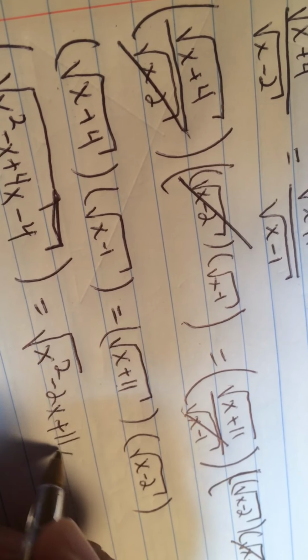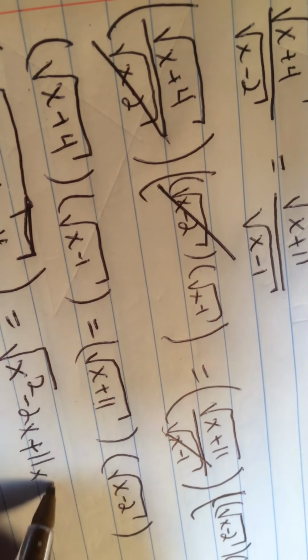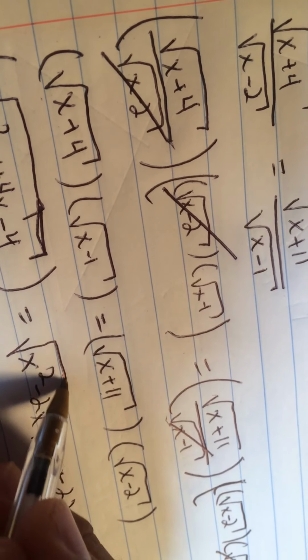X times x, x squared. X times minus 2, minus 2x. 11 times x, plus 11x. And 11 times minus 2, minus 22.